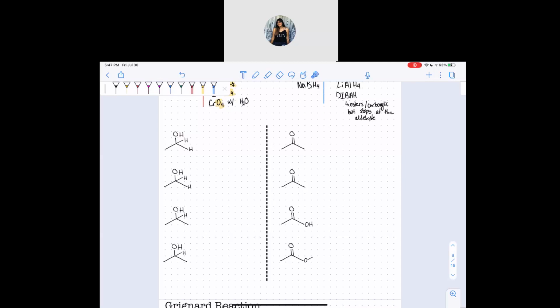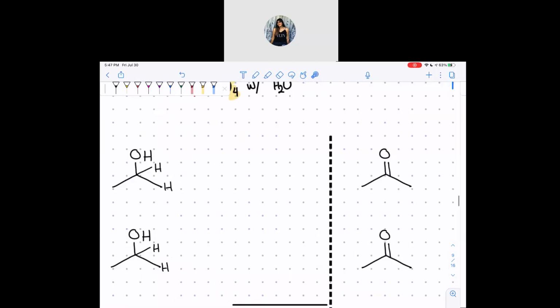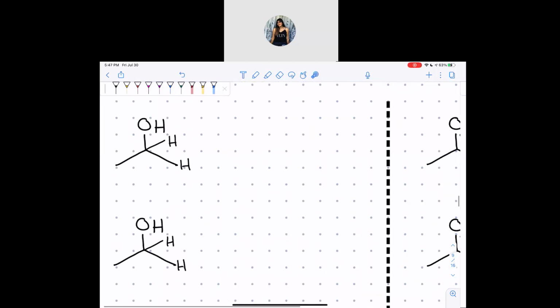All right, so let's do our oxidation reactions first. If we have a primary alcohol with a strong reagent, we get a carboxylic acid.